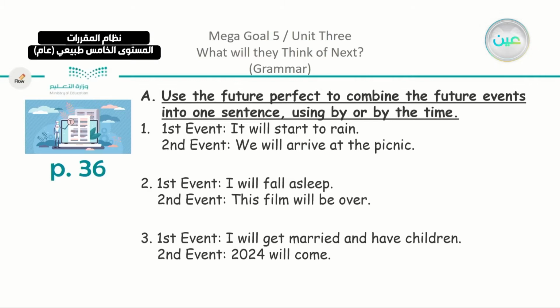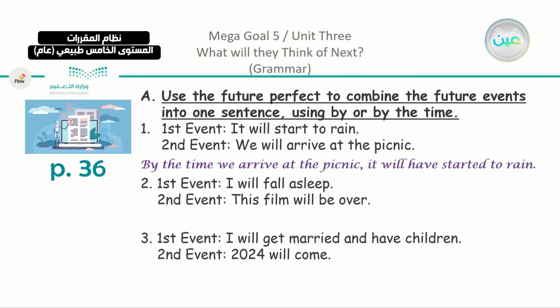Imagine that you are going to a picnic, and there are a lot of clouds, and it's going to start to rain. Our situation is that it is going to start to rain before we reach the picnic area. So how can we say it? We can say, for example, by the time we arrive at the picnic, it will have started to rain.